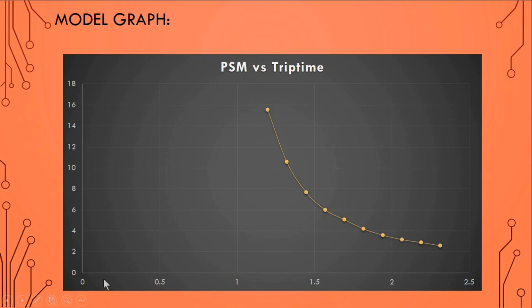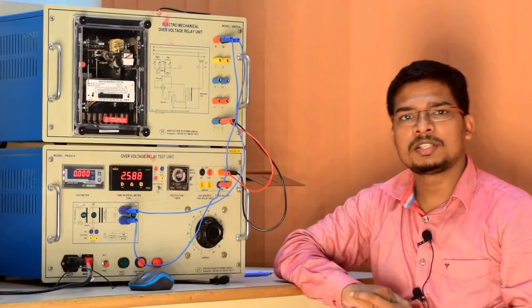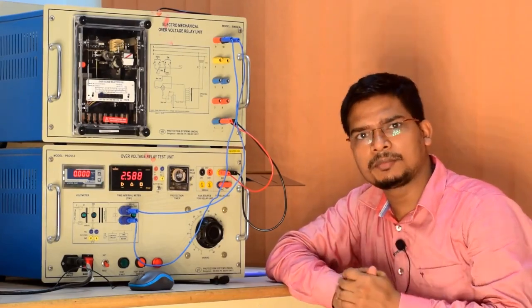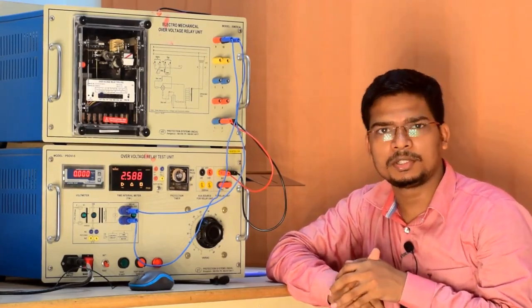Whenever we increase the PSM, that means when we increase the fault voltage or fault severity, the trip time decreases, which tells us this is an inverse characteristic. So this is about the overvoltage relay experiment, and in the next part of this video we will study the undervoltage relay experiment.